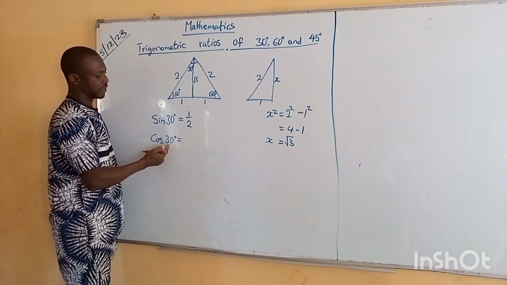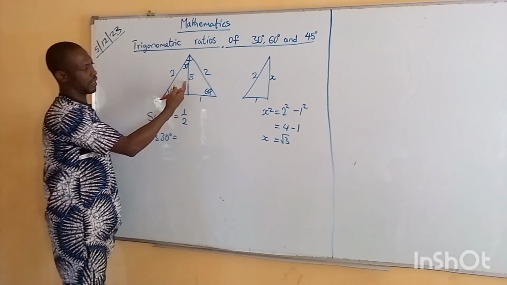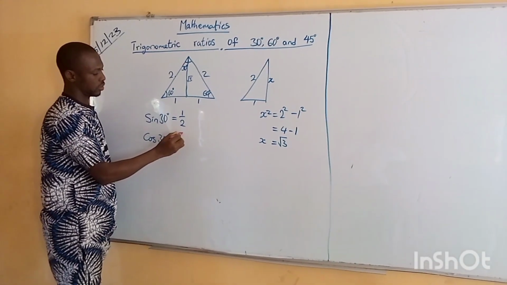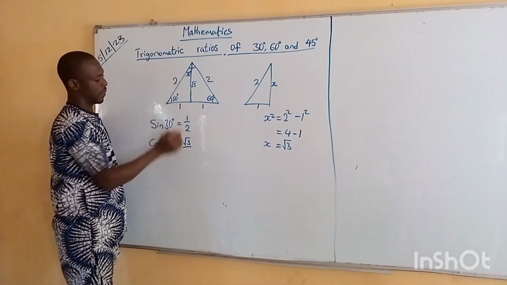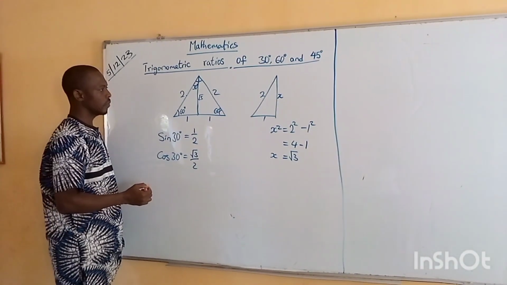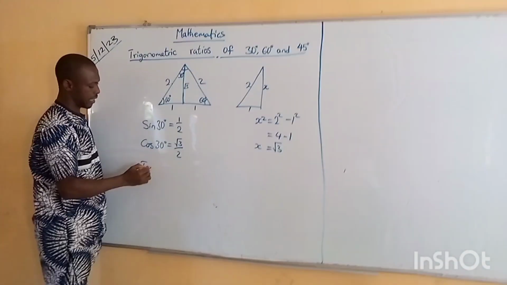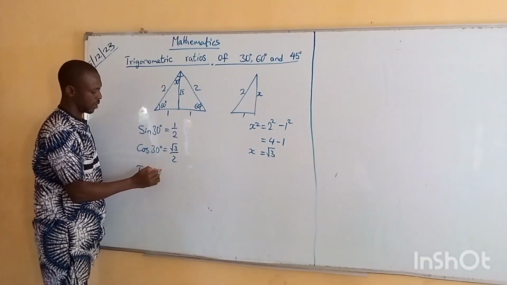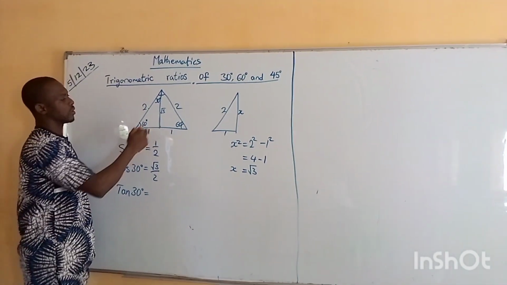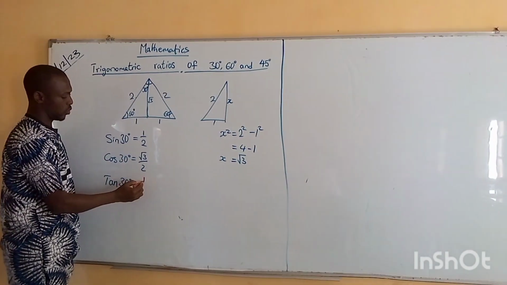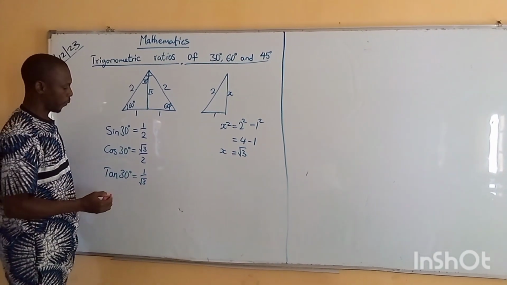So cos 30 here will be adjacent over hypotenuse, and the adjacent is root 3, so root 3 over 2. While tan 30 here becomes opposite over adjacent, which is 1 over root 3.